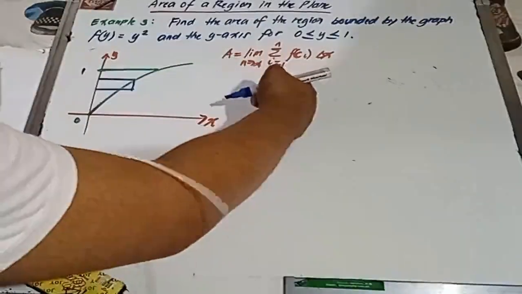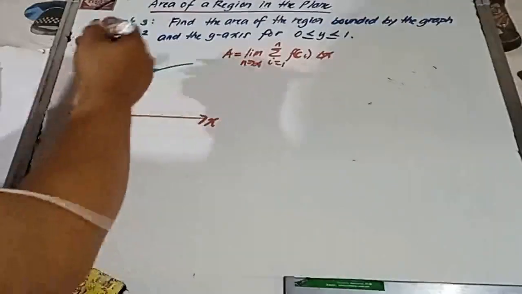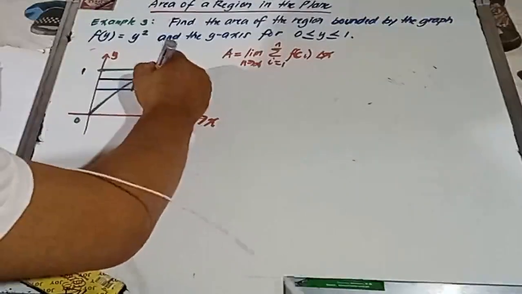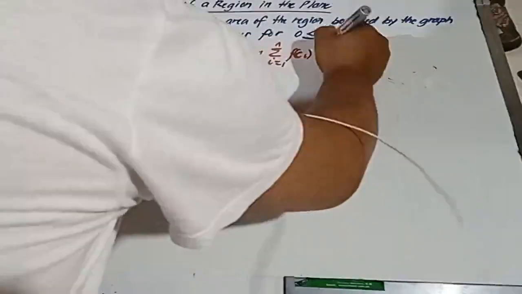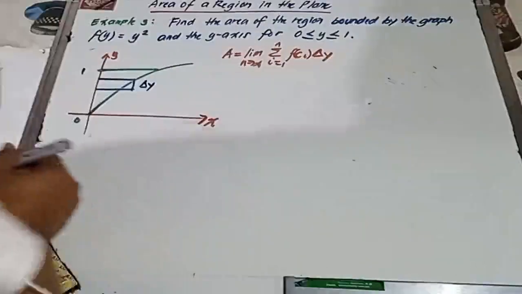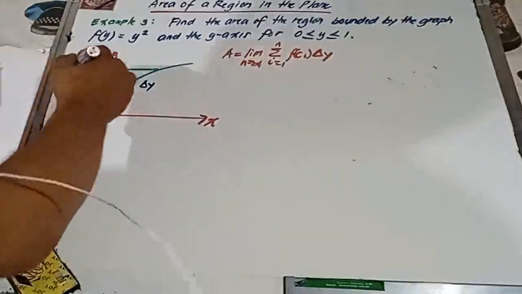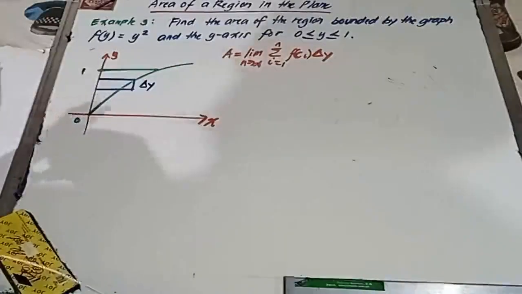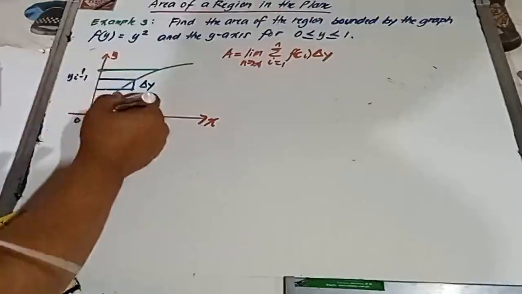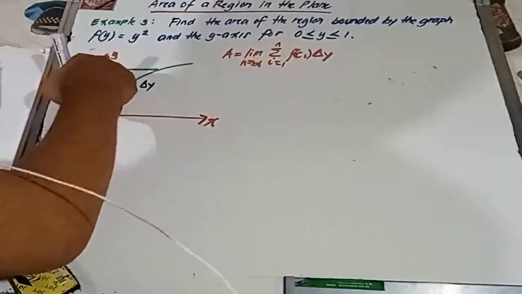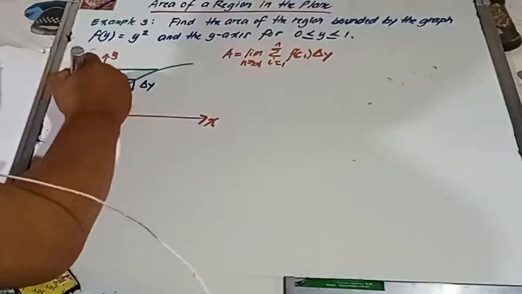By the way, yung delta x natin is not delta x anymore kasi delta y ito. Okay? So, replace natin yung delta x by delta y dun sa ating formula. Now, ito yung ating y sub i minus 1. Y sub i, ito yung y sub i minus 1.